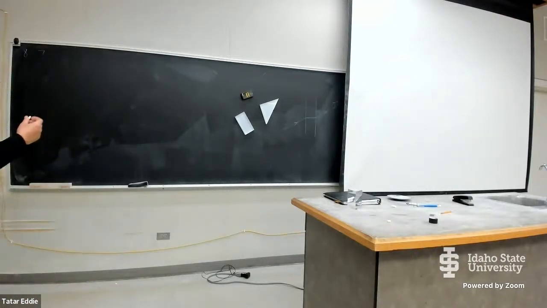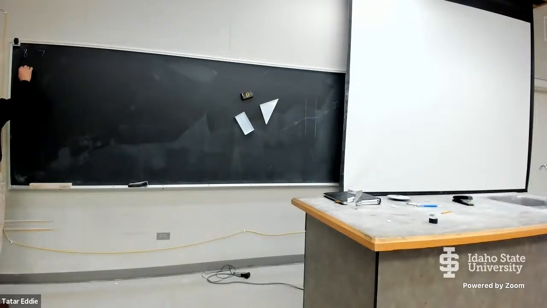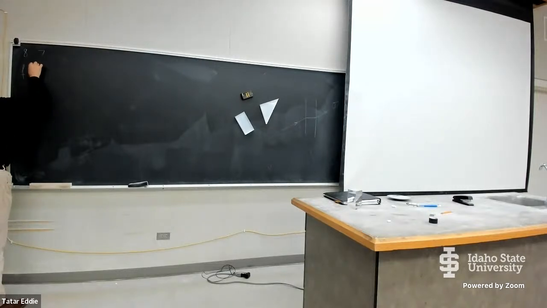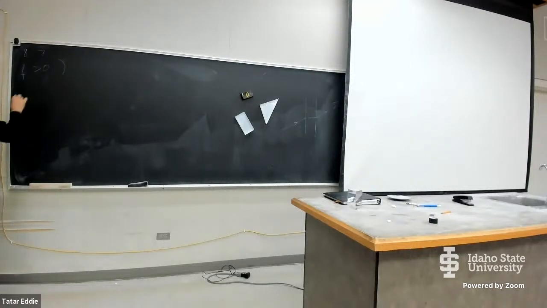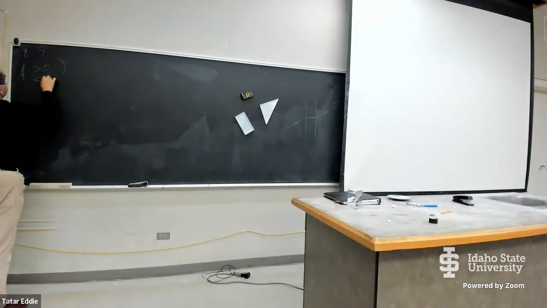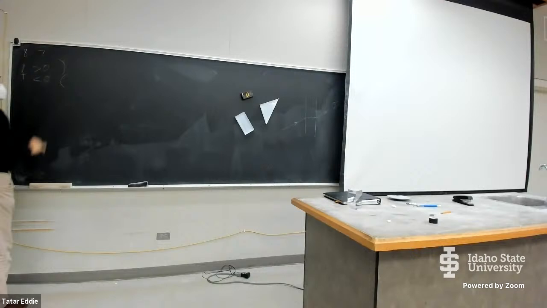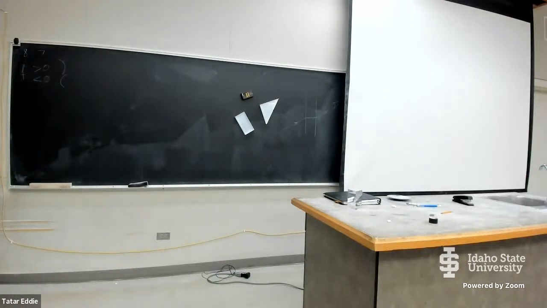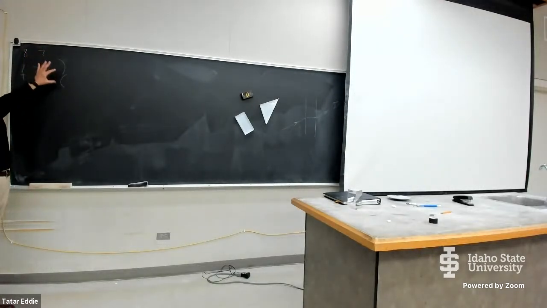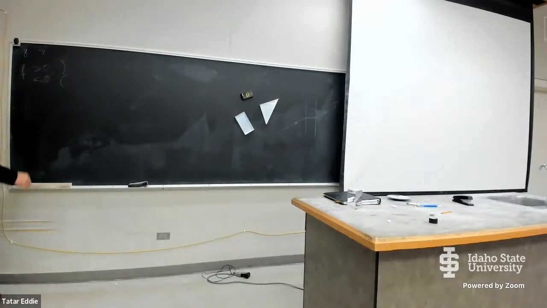Last time we said that the focal length for a concave mirror is a positive number for a mirror that looks like this, and it is a negative number for a mirror that looks like this, a convex mirror.